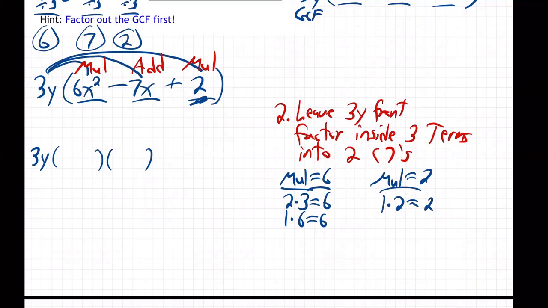I just realized. So this one's first because the numbers are closer together. Start with 2 times 3 because the numbers are closer, right? Whereas 1 and 6 are further apart. So always start with the numbers closer together.